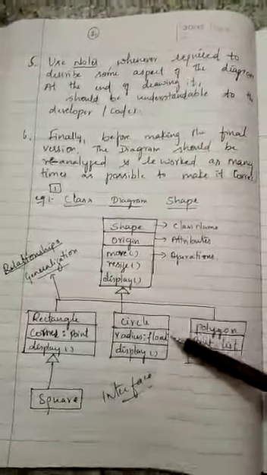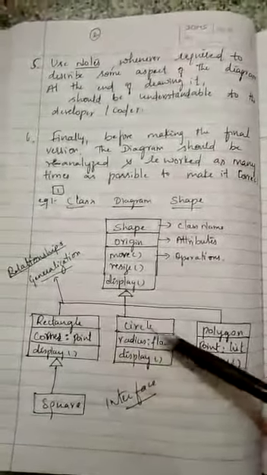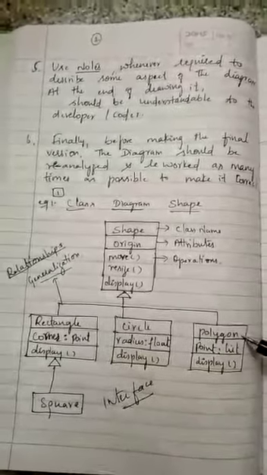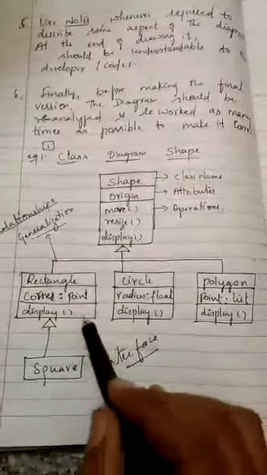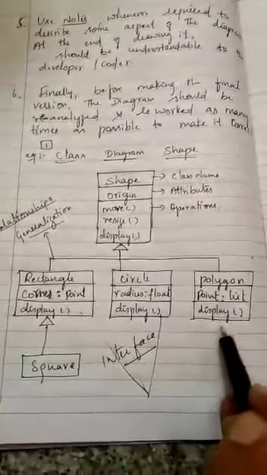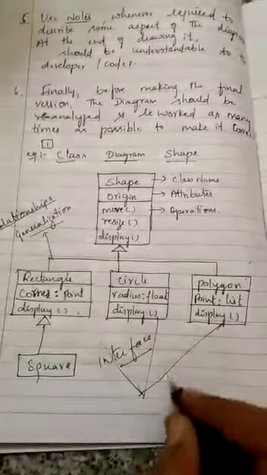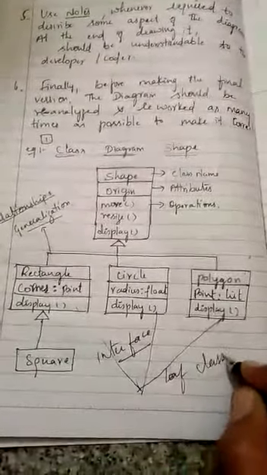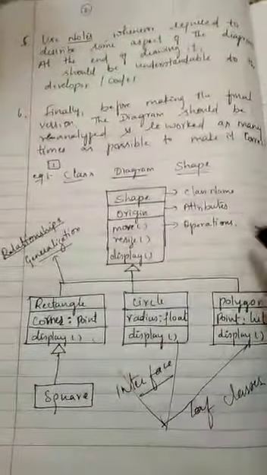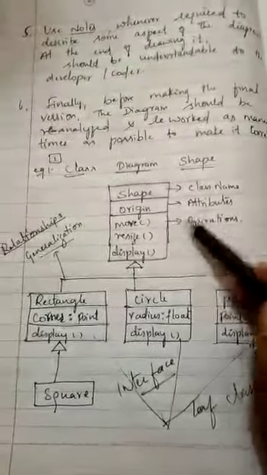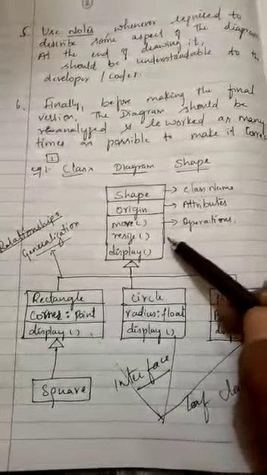So here rectangle, circle, polygon are the classes which are child classes, that is leaf classes, and this is the parent class. The parent class contains class name, attributes and the operation.